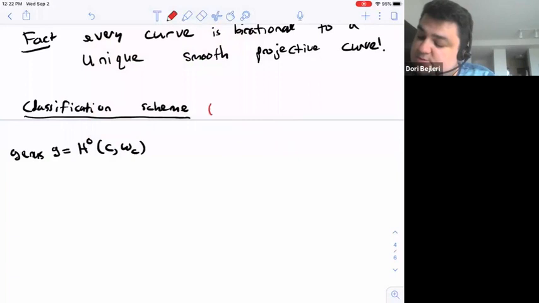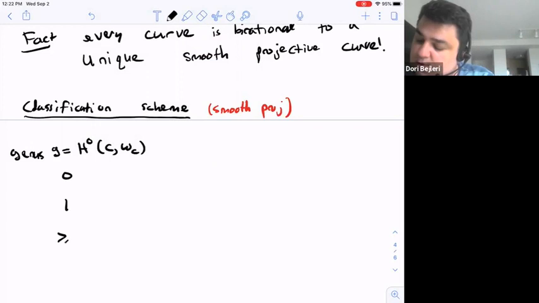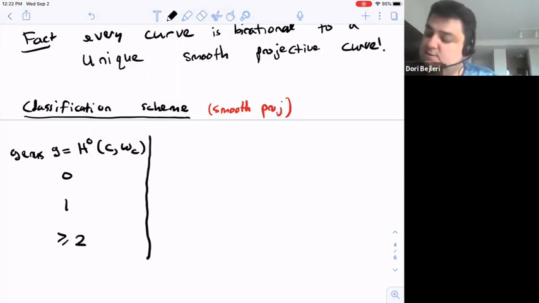And so again, here we're in the smooth projective case. And this could be 0, it could be 1, or we group genus greater than or equal to 2 in its own category, and we'll see why in a second.